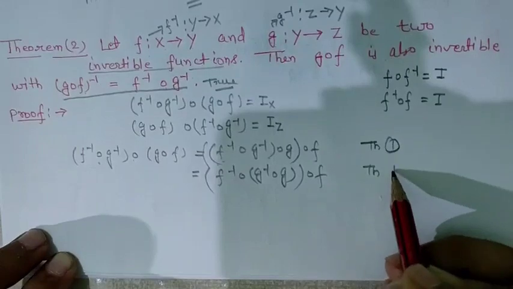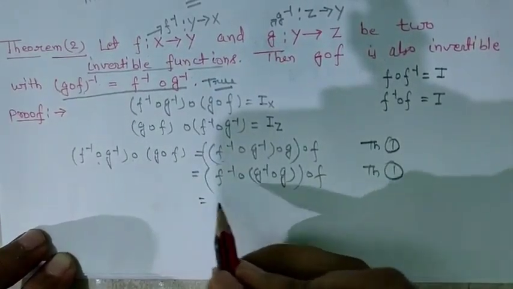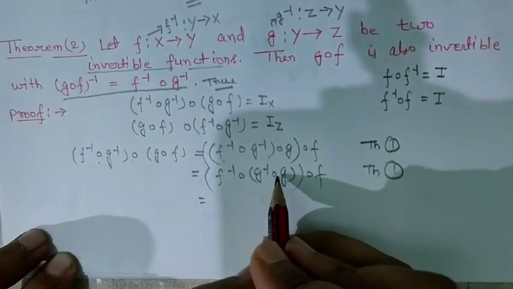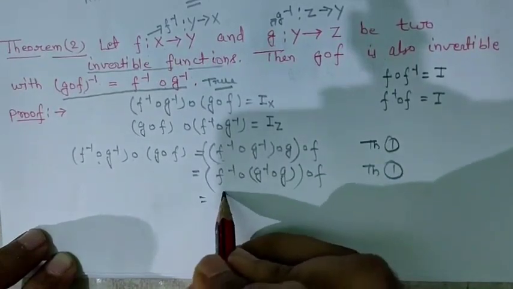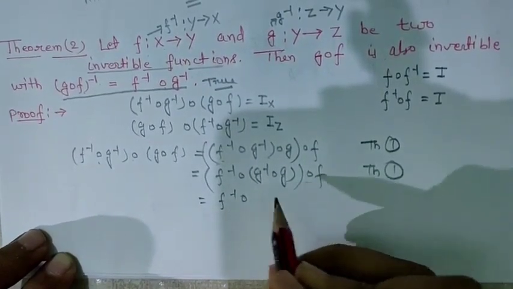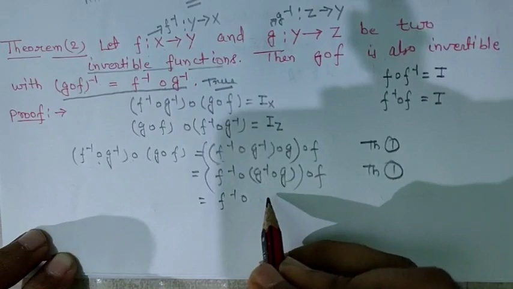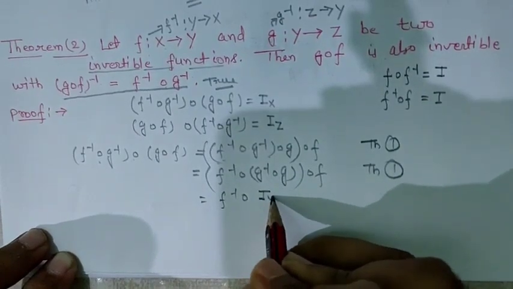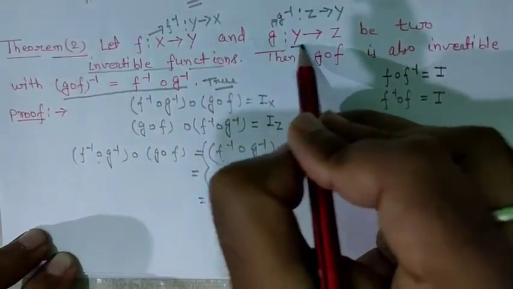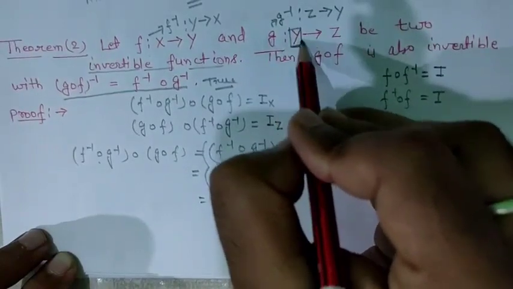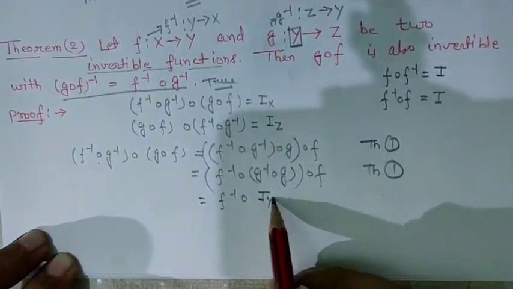Then g inverse o g will be what? It will be I_Y, because the domain of g is Y.